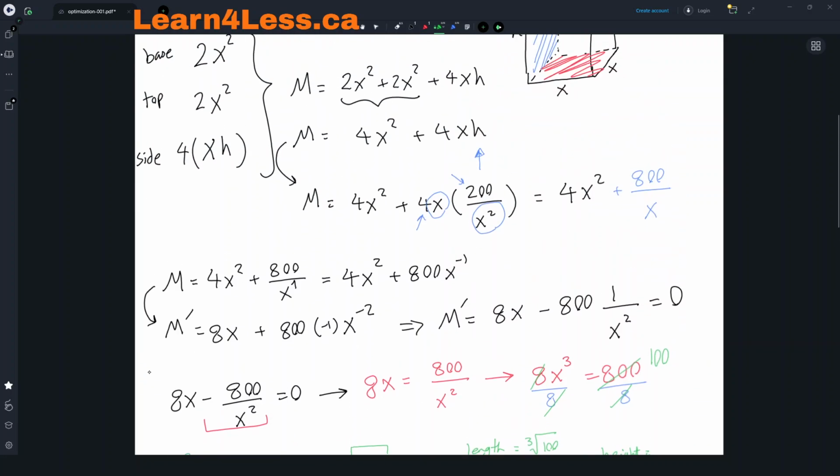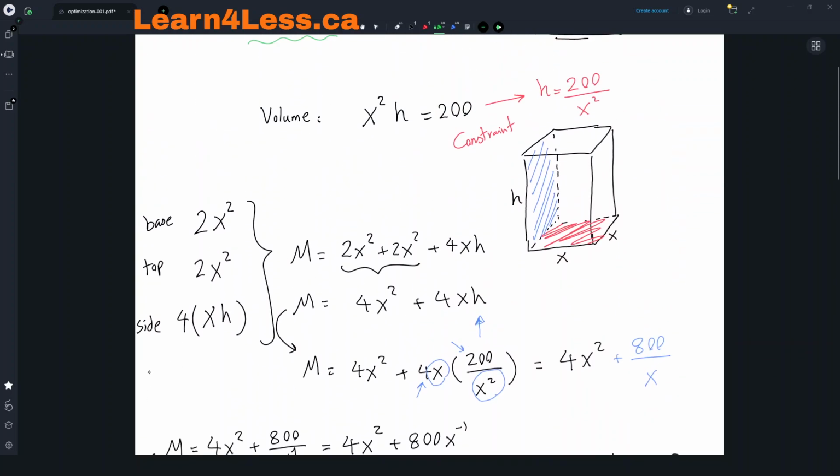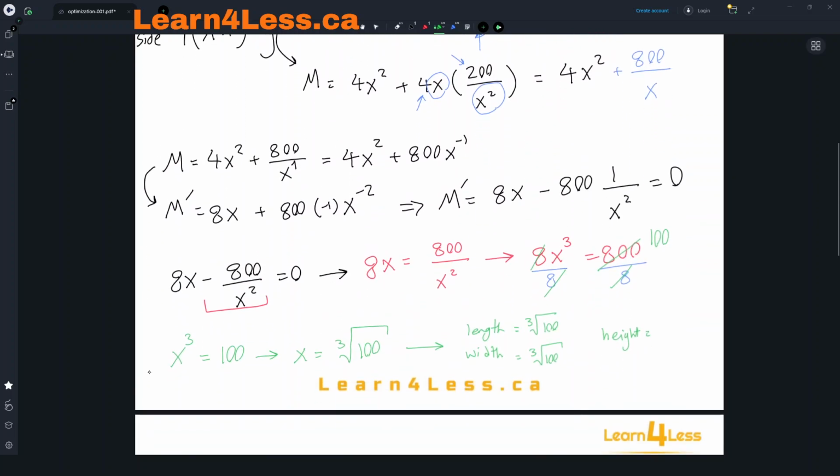The height, which I already have through the constraint, is equal to 200 over x squared. So I can simply write that as 200 over the third root of 100 squared, which is already perfect. I can simplify that, but it is already good enough.